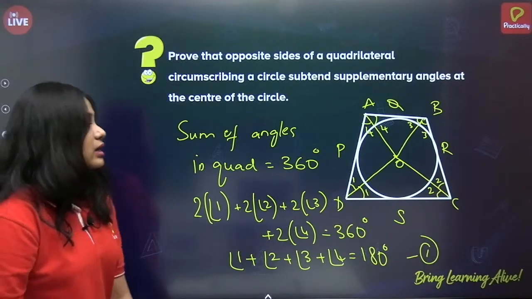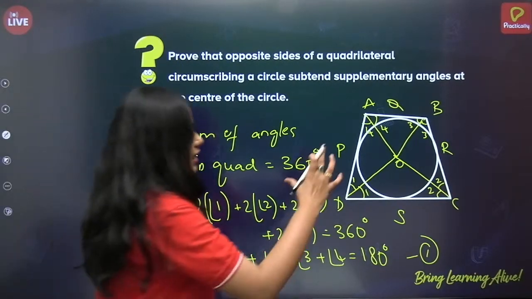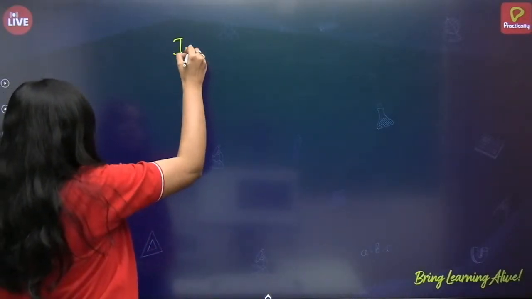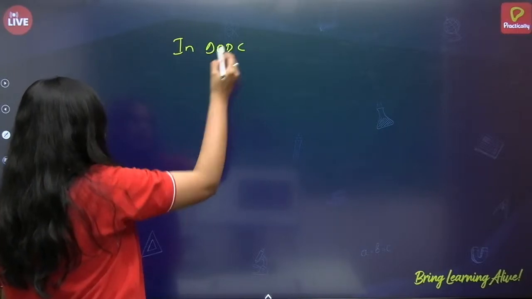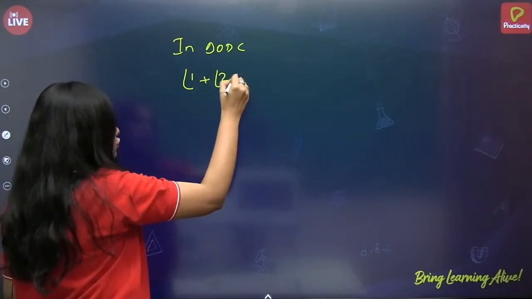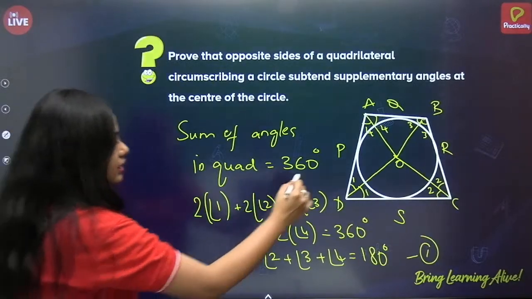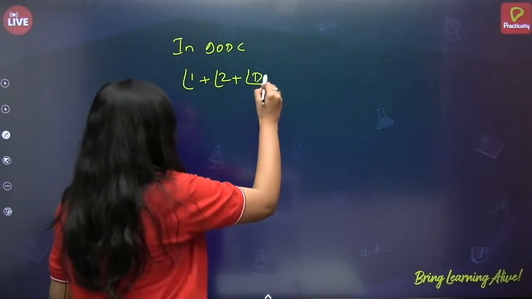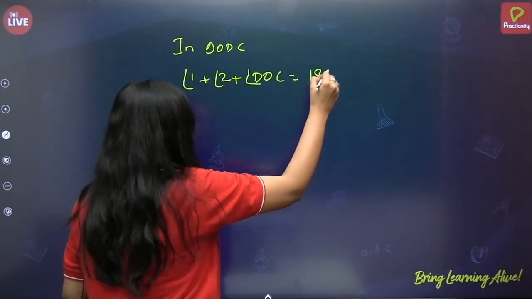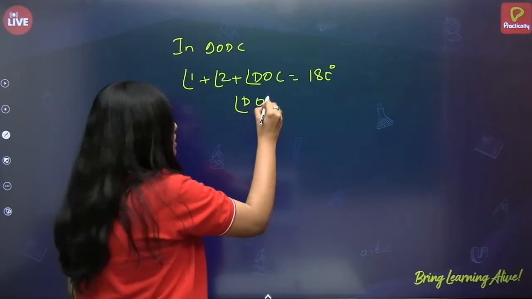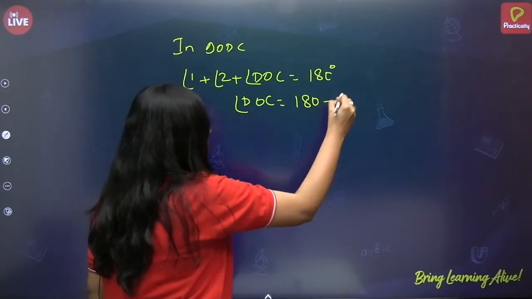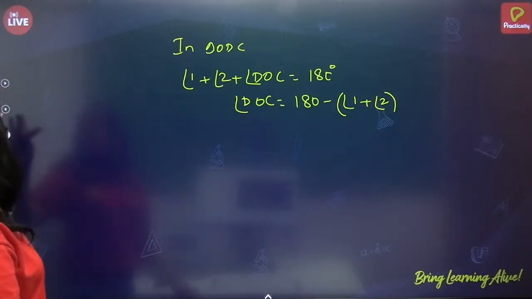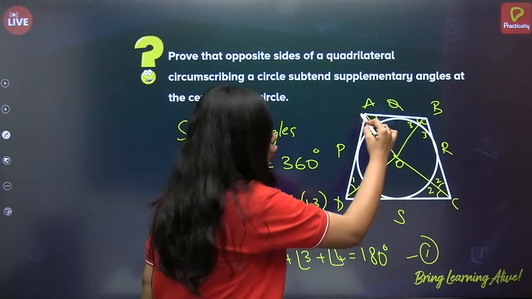Okay. Now, what we'll do? We'll take again one triangle. Okay. ODC. So, in triangle ODC, angle 1 plus angle 2 plus angle DOC is equal to 180 degrees. Correct? So, angle DOC is how much? 180 minus (angle 1 plus angle 2). Right? The same way, let us take triangle OAB.